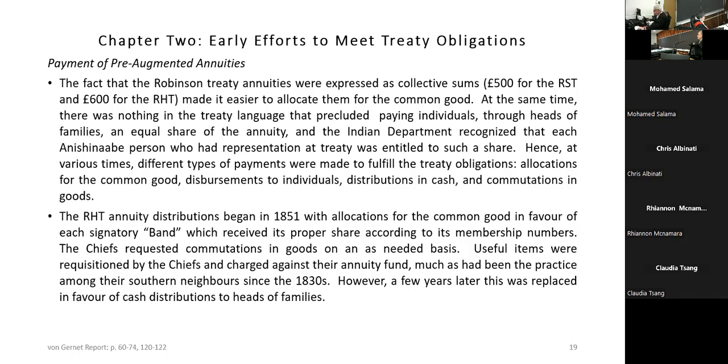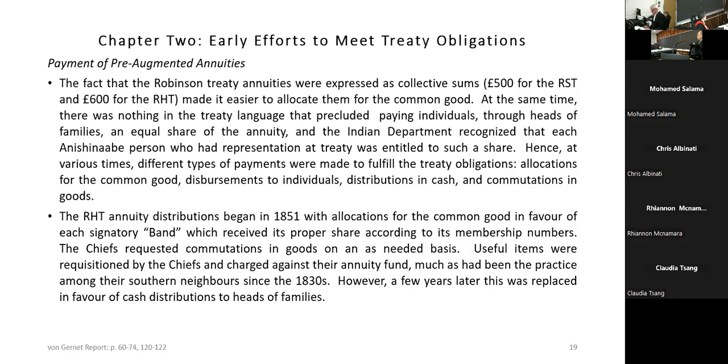At the same time, they heard that the preference among the RHT was to have the old system that was used down south, and that is allocations for the common good in the form of useful articles that they would specify and requisition on their annuity accounts. That later changed to cash payments to individual heads of families, but in the early years, it was in the form of articles. I give you an example in my report on that. I could probably find the page number.